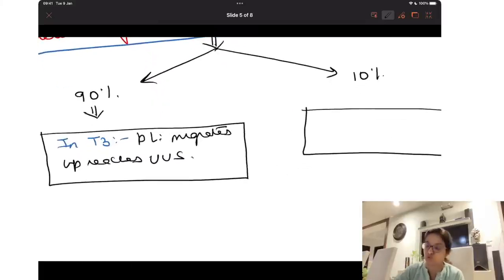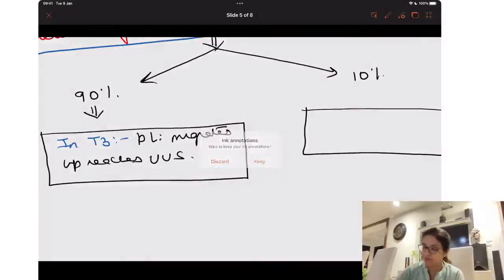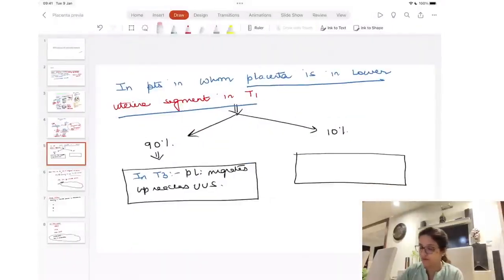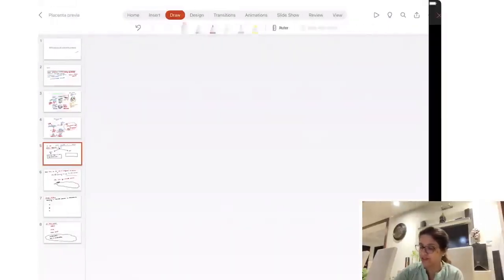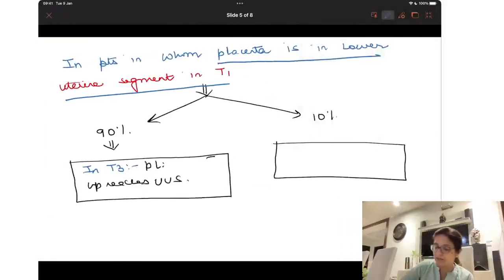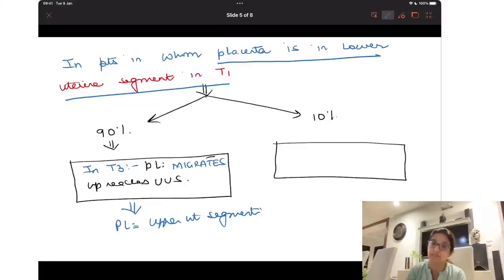the upper uterine segment. So I'm writing just migrates properly so that you don't confuse what have I written. So this is migrates. So placenta migrates to the upper uterine segment. So now placenta is in upper uterine segment in 90% cases.